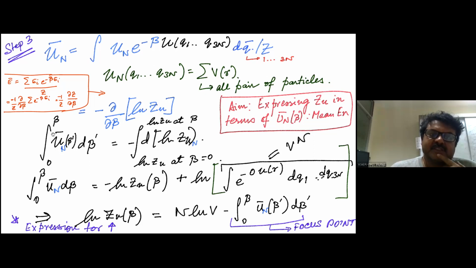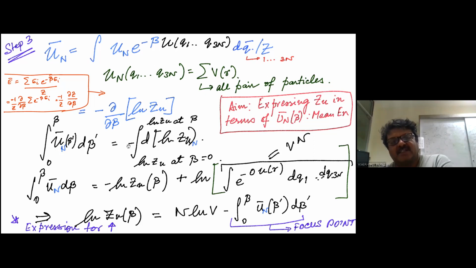We integrate from 0 to beta, the final temperature, because that's what we are interested in calculating. We integrate u bar, the energy of the entire system, d beta dash, and on the other side from log Zu at beta equal to 0 to log Zu at temperature equal to beta.